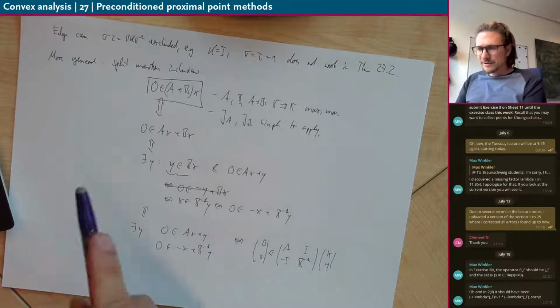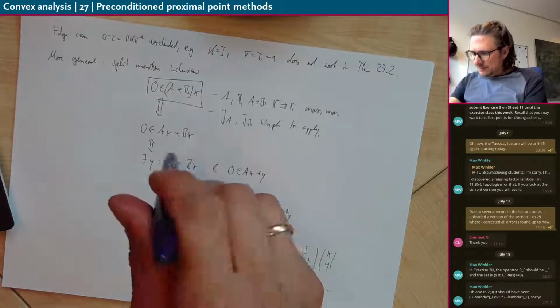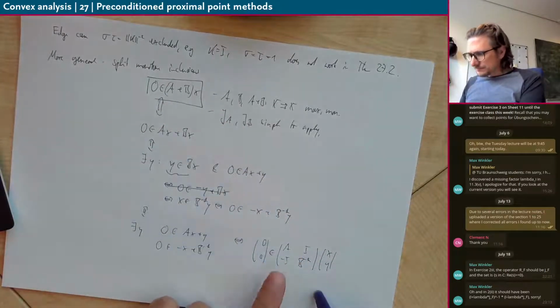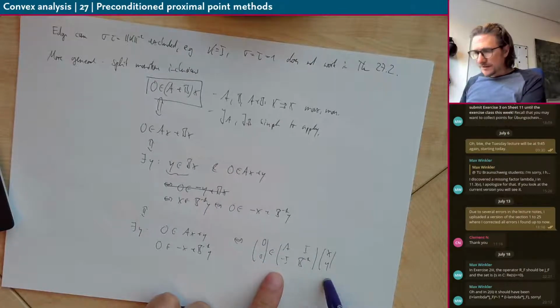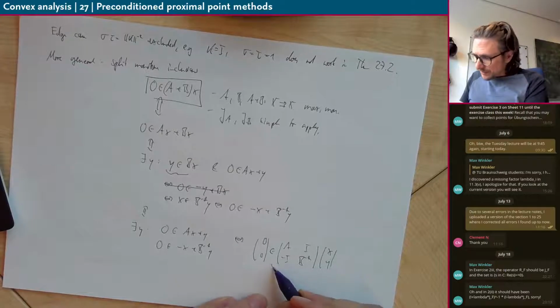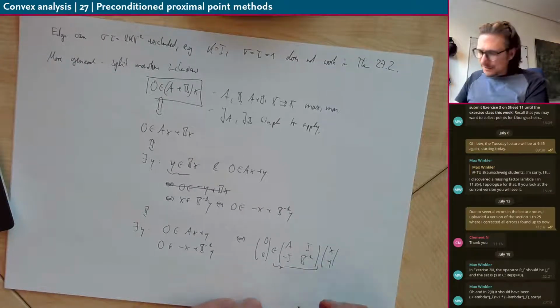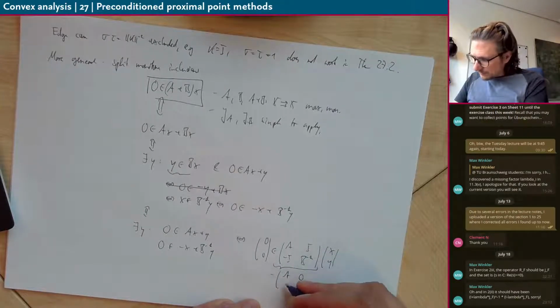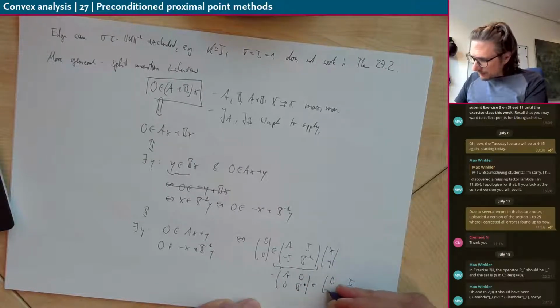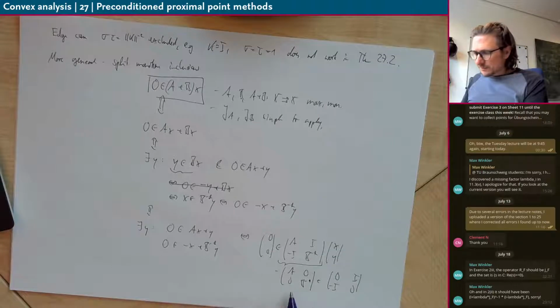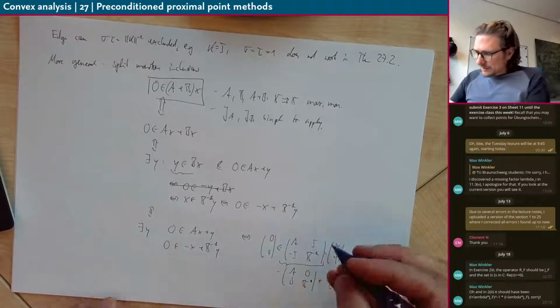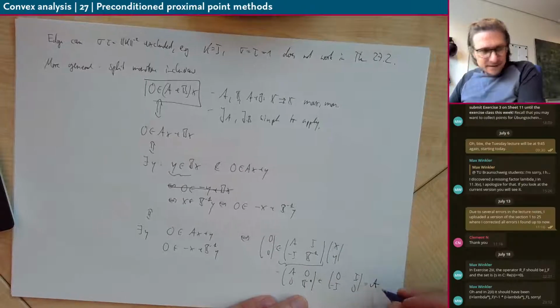So we write the right hand side as A plus B, and we ended up with this block inclusion of just one operator, and this again is of the form A, 0, 0, B to the minus 1, plus a skew symmetric linear operator. This is monotone, the sum is a monotone operator again, and we call that A.